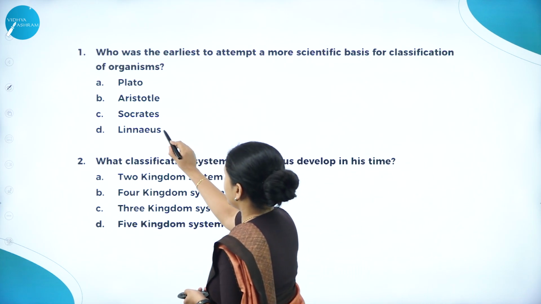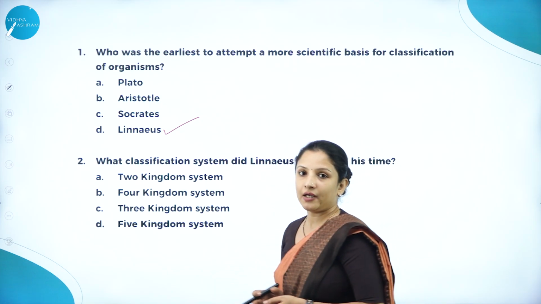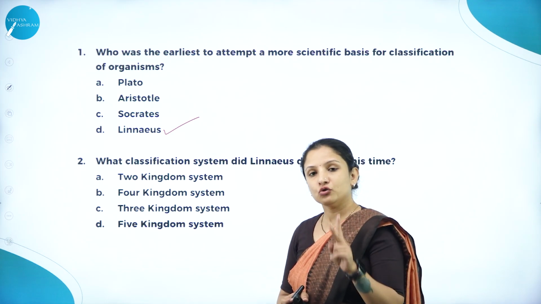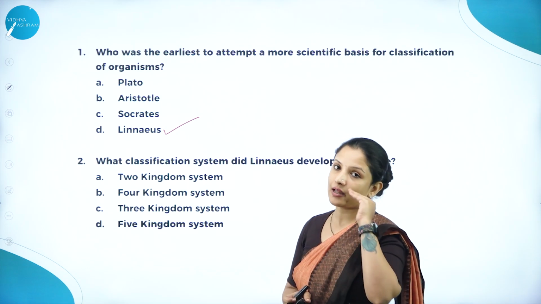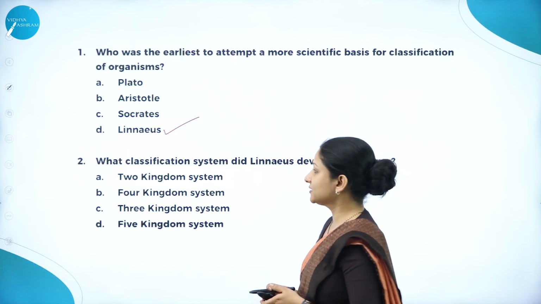It is Linnaeus. Which system of classification did he give? He gave the artificial system of classification, or the two kingdom system, wherein he grouped the organisms as plants and animals, those which have a cell wall and those which do not.